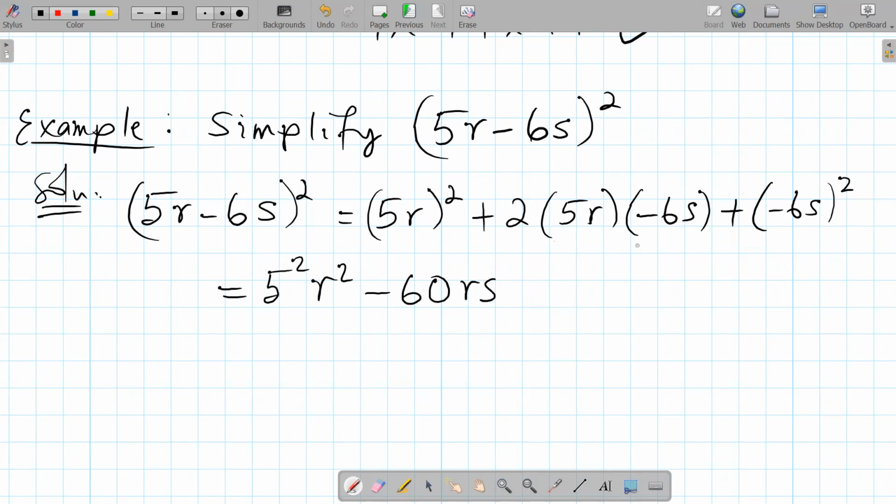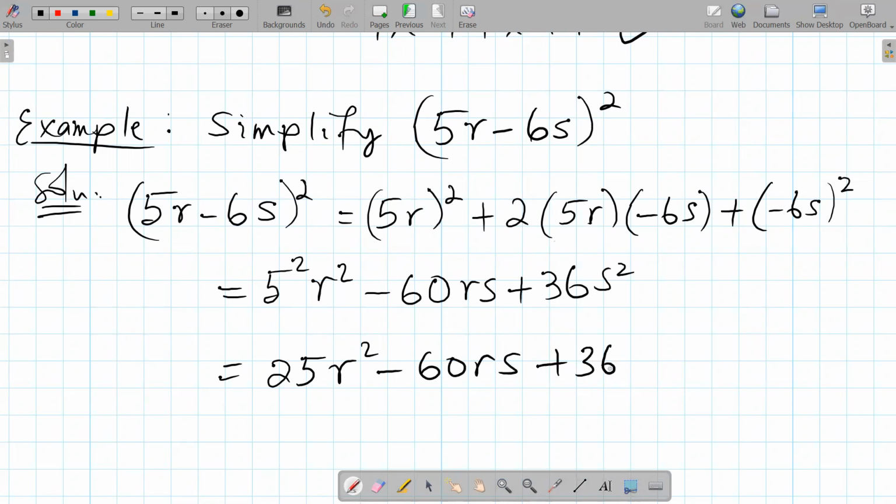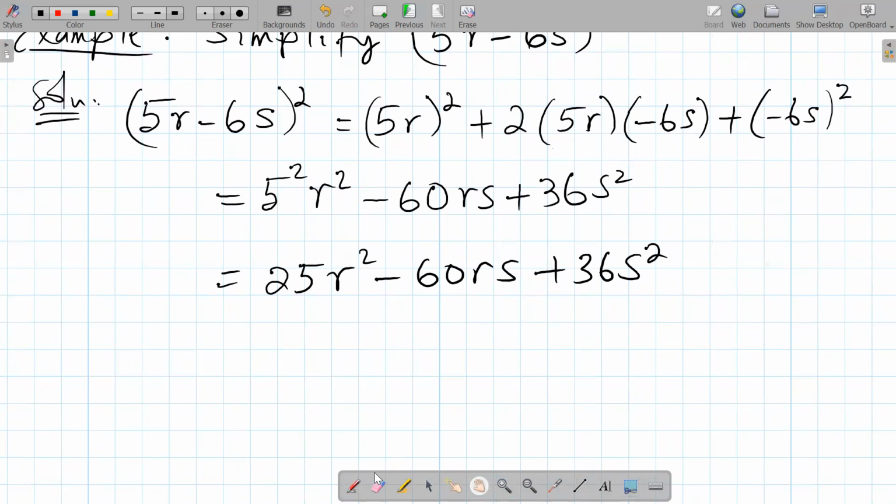Over here, negative 6 squared will give me positive 36 and s squared. So together this is going to give me 25r squared minus 60rs plus 36s squared. And there are no like terms to collect. That means that is your answer.